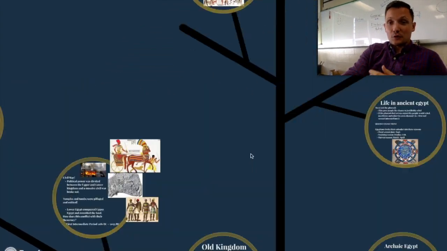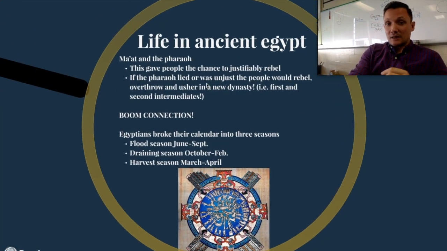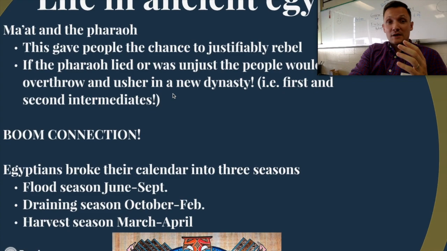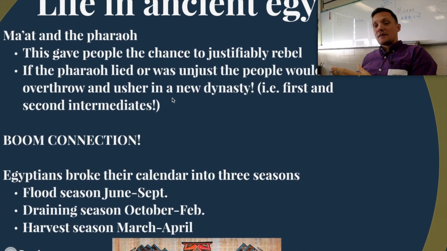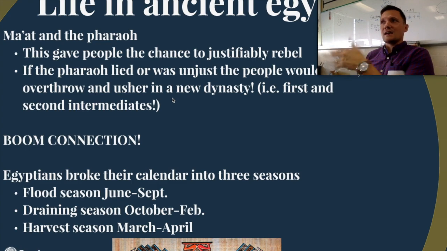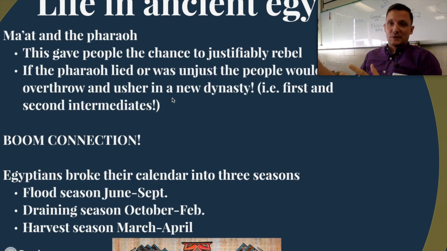So, for example, let's say, hypothetically, let's talk about Maat and the pharaoh, right? Let's say that the people were really, really super upset because Mr. Terry is just like, oh my God, he's such a jerk, he's giving us too much work, and he won't let us write in this kind of color, and he's being ridiculous.